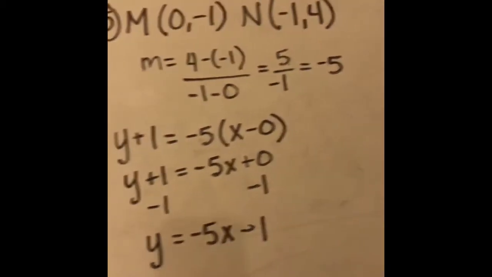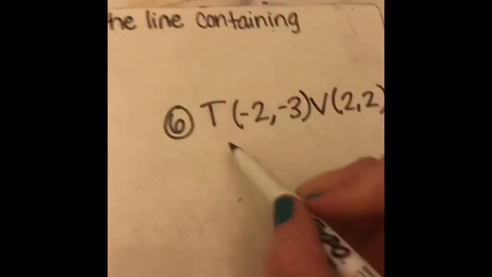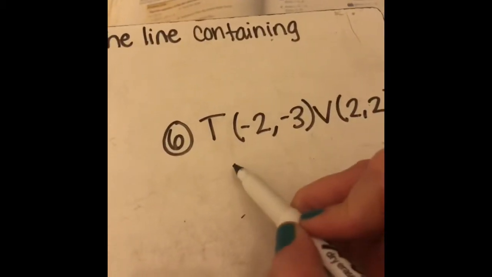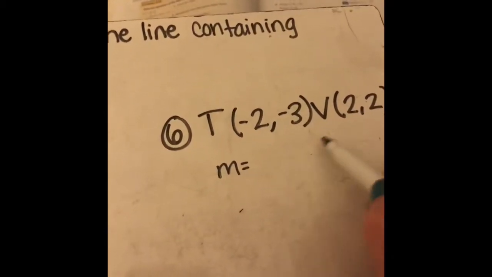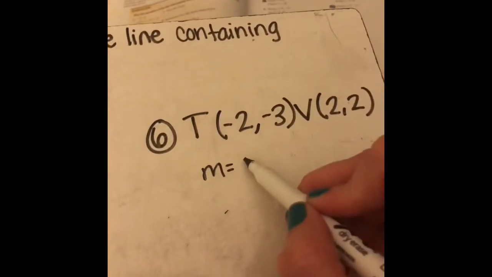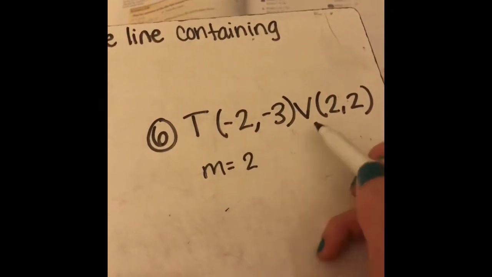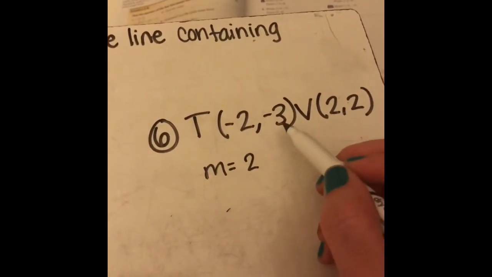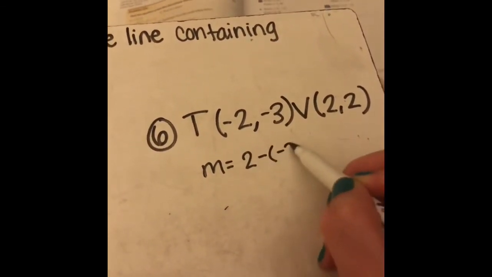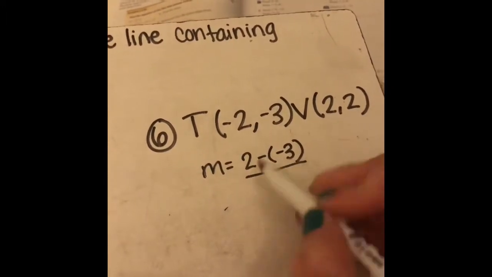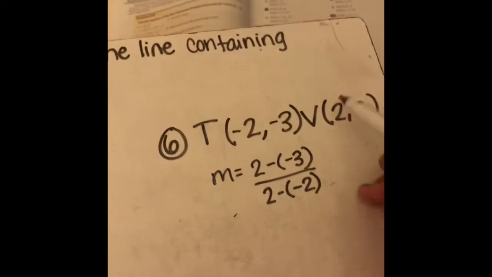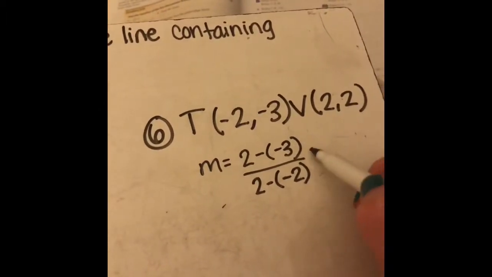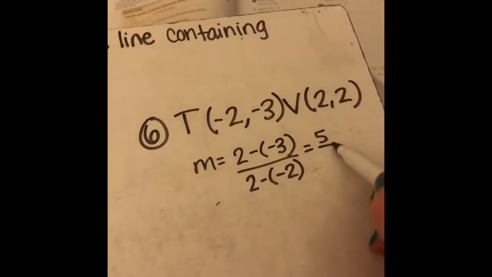Same thing over here. First we need to find our slope. So it is y2, which is 2, minus y1, which is -3, over 2 minus -2. So 2 minus -3 equals 5, and this equals 4.